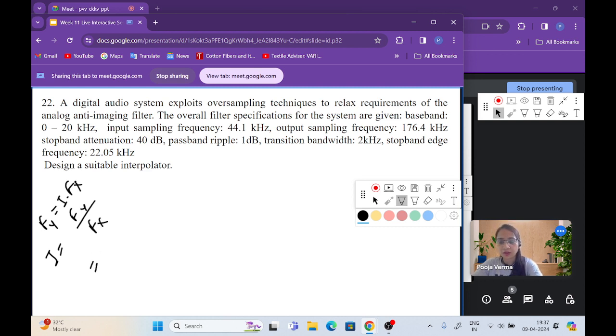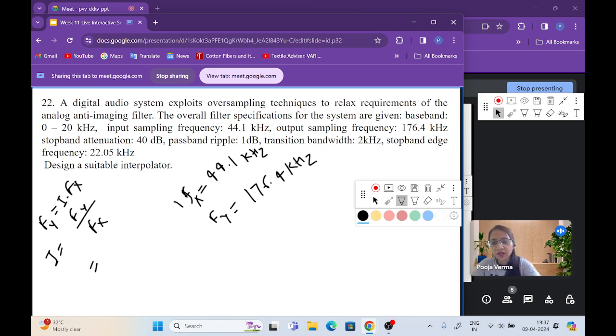The input sampling frequency Fx is given as 44.1 kHz, and Fy, the output sampling frequency, is given as 176.4 kHz.